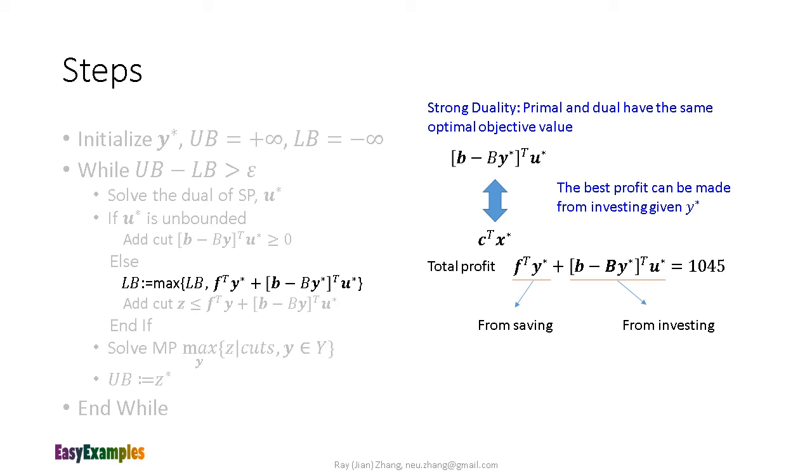Then we can calculate the total profit from saving and investing, which is 1,045. And then we update the lower bound. The lower bound is actually the best profit we have calculated so far.